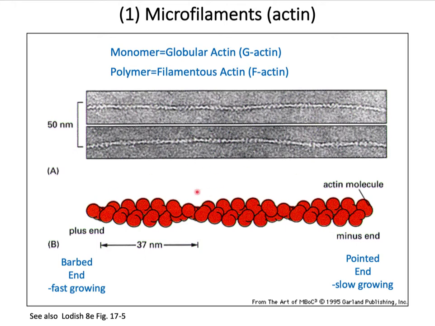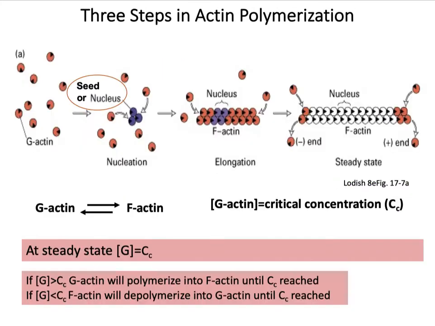So how is it that these two ends are biochemically different, and how is that important to their function in the cell? To understand the difference between the two ends, we have to first look at actin polymerization in general. Actin polymerization takes place in 3 steps. The first step is known as nucleation.